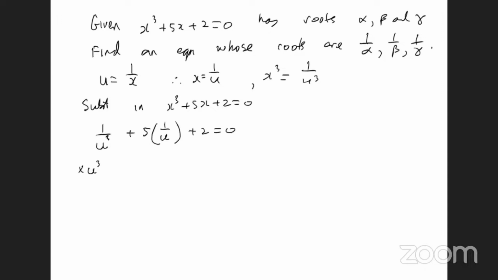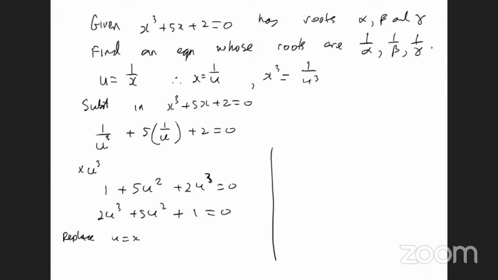Multiply everything by u cubed, you'll get 1 plus 5u squared plus 2u cubed is equal to 0. Rearrange it, you'll get 2u cubed plus 5u squared plus 1 is 0. Right? And then you could do your replacing, and you will get your equation as 2x cubed plus 5x squared plus 1 is 0.